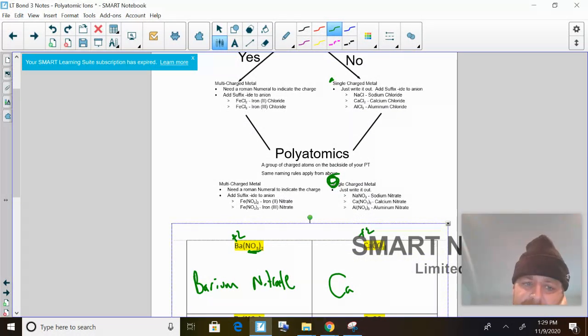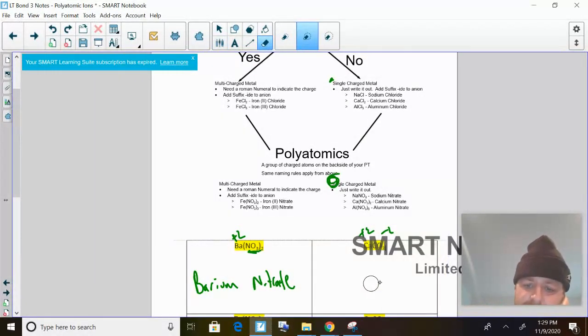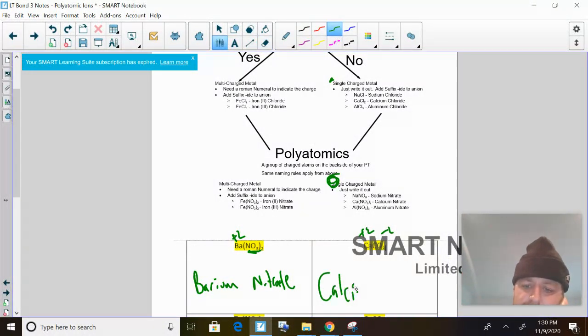And then carbonate, CO3, is on the back side of my periodic table, and that is -2. All right, so that's kind of how that rolls. Now we just write it all out. Calcium carbonate. No Roman numeral, no nothing, because calcium is a single charged metal.